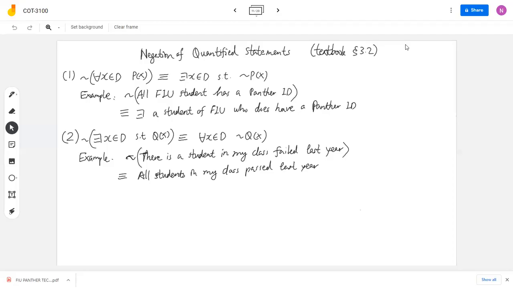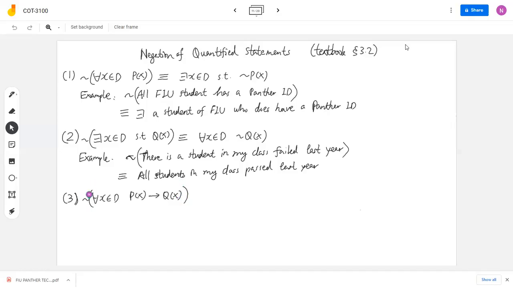Okay, the third kind of negation is implication. For all x in D, P(x) implies Q(x). For such a statement, what would be the negation?